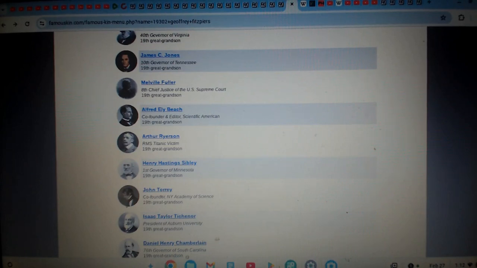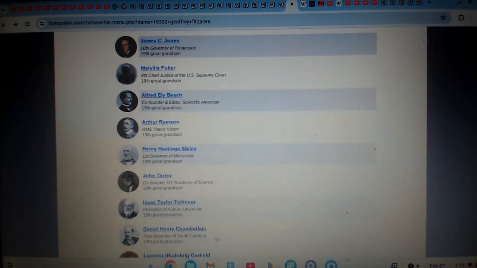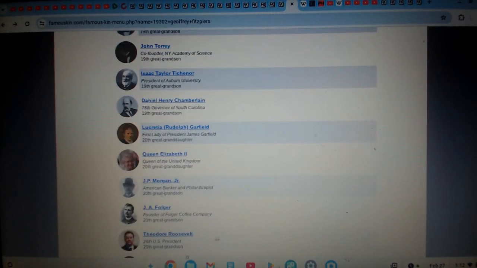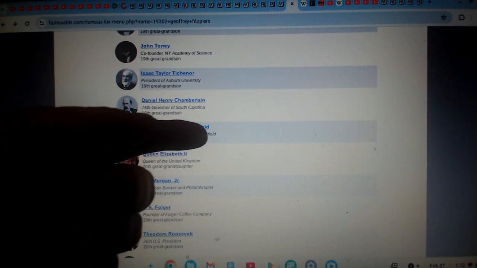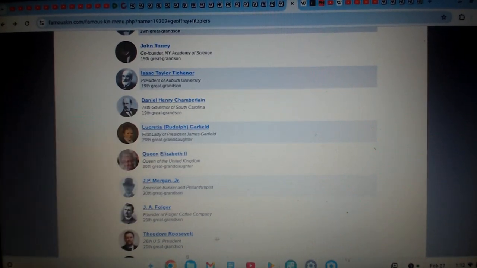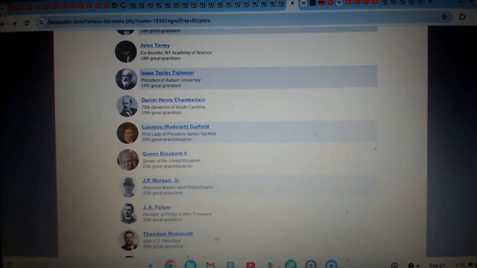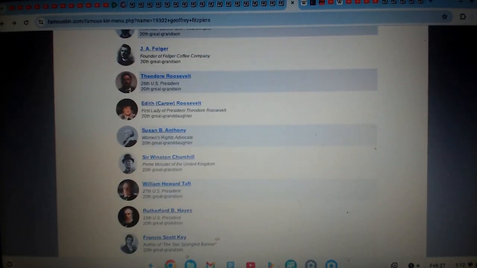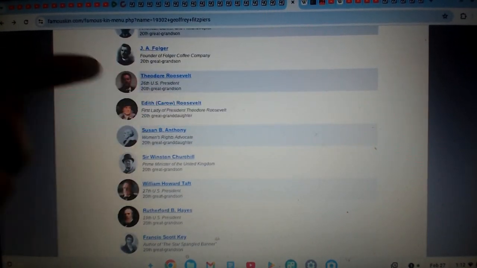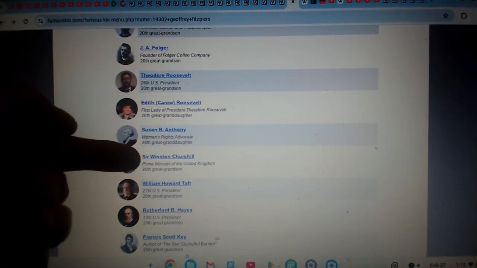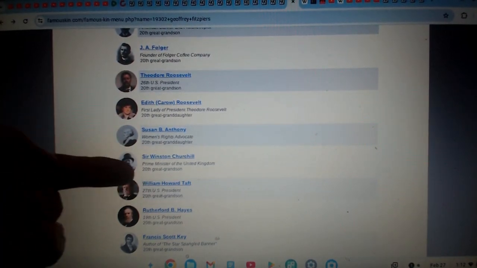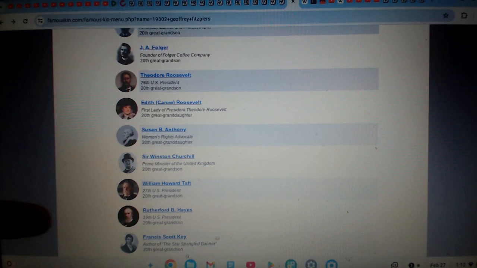The Vanderbilts are on here. Here's Grover Cleveland was on here, and his wife. J.P. Morgan and J.P. Morgan's kid, Queen Elizabeth II, Theodore Roosevelt. They're all kids to the same man. Roosevelt's wife, one of Sir Winston Churchill, Taft, another president, Hayes, another president.